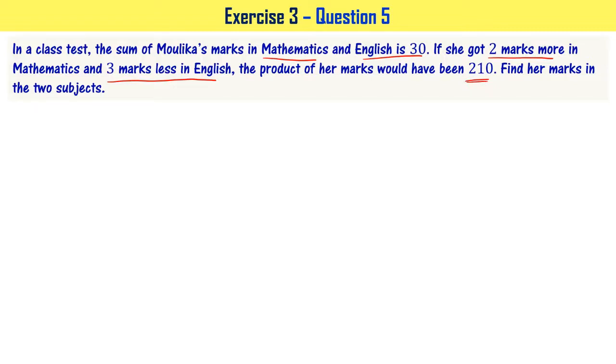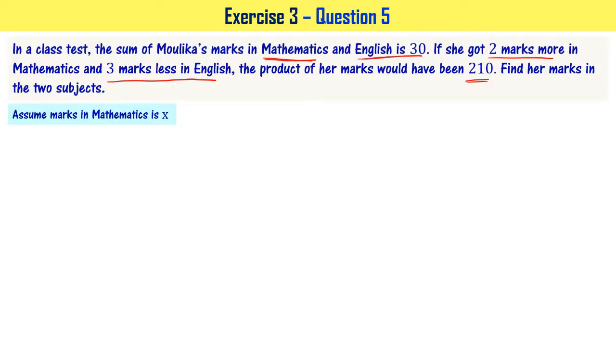You are given two statements here. The first statement says that the sum of Maulika's marks in mathematics and English is 30. The second says that if she got 2 marks more in mathematics and 3 marks less in English, the product of her marks would have been 210. Find her marks in these two subjects, right? To begin with, let me assume that the marks she got in mathematics is x.